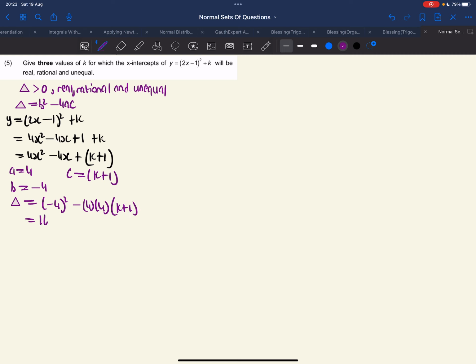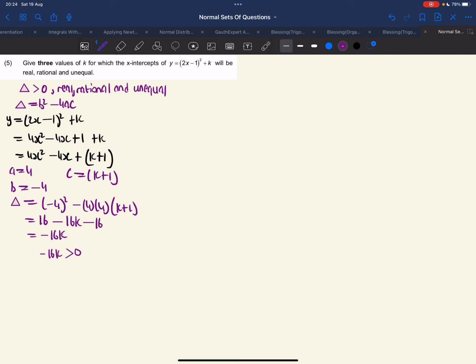If you do that, you're going to get 16 - 16k - 16, and then you're going to be left with -16k. So your discriminant, -16k, must be greater than 0.